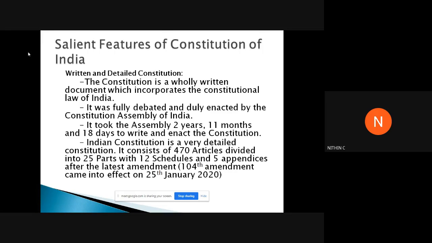When the constitution came into being, we had 395 articles, 8 schedules and 22 parts. Whereas now we have 470 articles, 12 schedules and 25 parts.